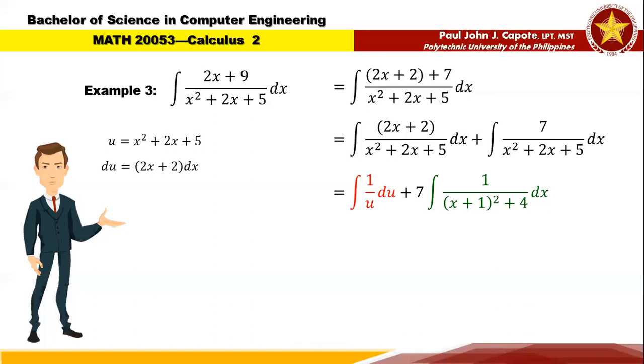We expressed 5 as the sum of 1 and 4, and then associate 1 to the first two terms, x squared plus 2x. Then examining it, it's a perfect square trinomial, and therefore, it can be expressed as a square of a binomial. So we have the quantity x plus 1 squared plus 4.